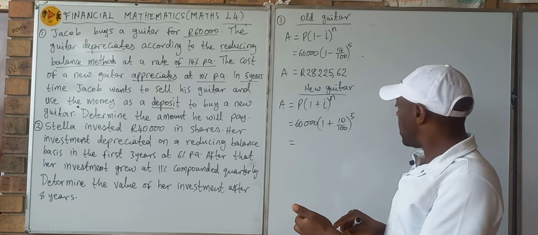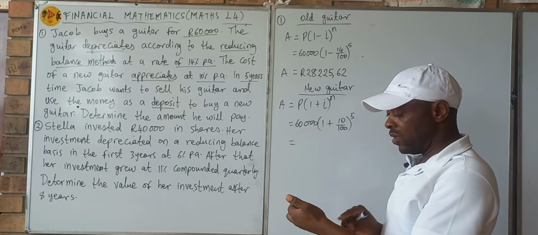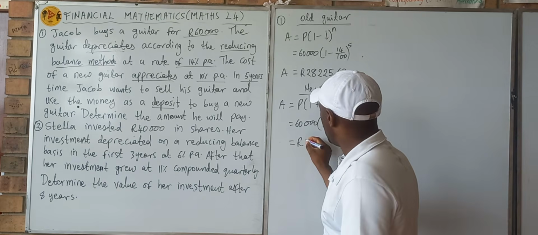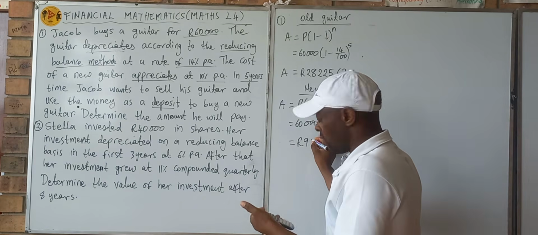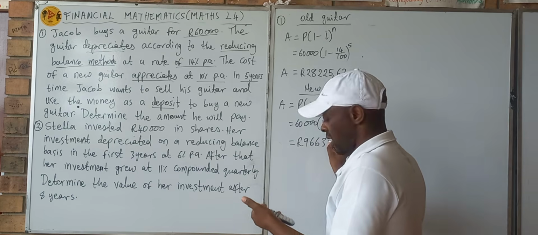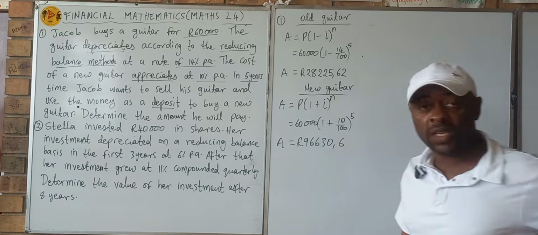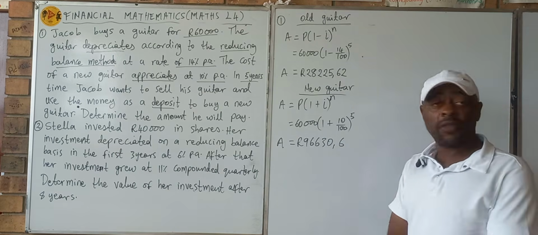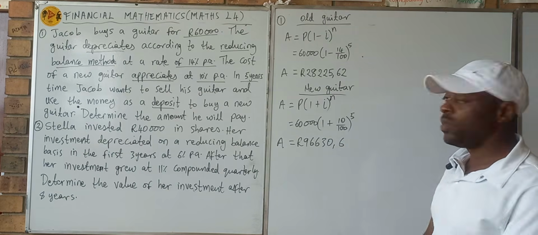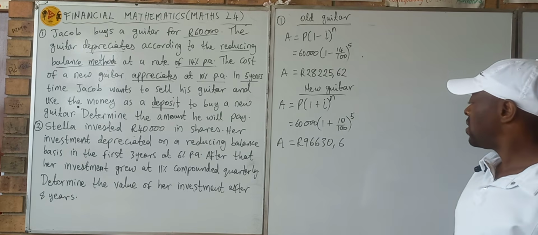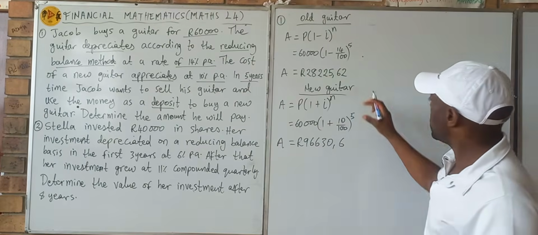Then we multiply this by 60,000. If you multiply by 60,000, you will realize that the new guitar that Jacob wants to buy, which he bought for 60,000 5 years ago, can no longer be 60,000. It's now 96,630 rands.